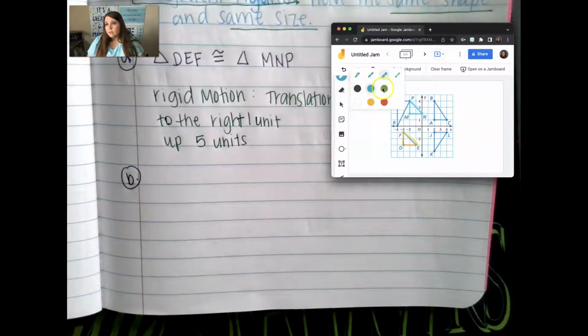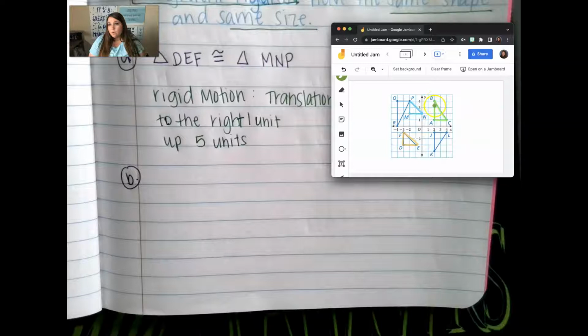So let me get a new color. There we go. So here's triangle ABC. Again, you notice it's a right triangle. Our job is to identify within this picture a right triangle that is congruent to triangle ABC.